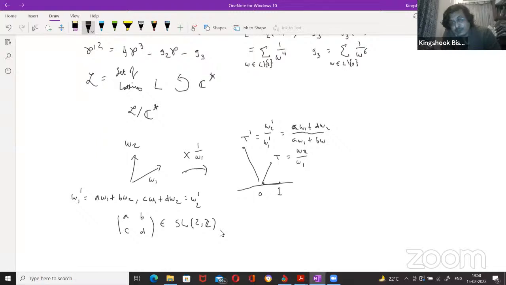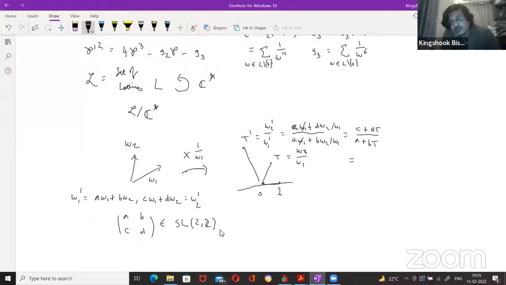So if I divide both by omega 1, then tau prime is equal to C plus D tau over A plus B tau. In other words, it's equal to an element of PSL2Z, the Mobius group, the modular group acting on tau.